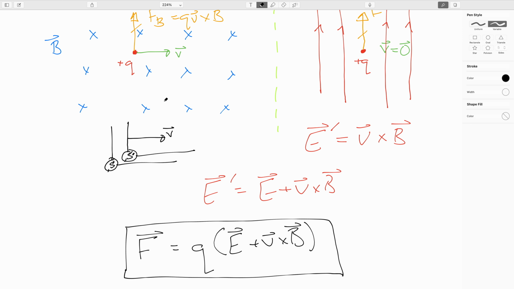Our observer S here said, hey, this is a magnetic field. Our observer S prime said, oh, no, it's totally an electric field. Who's right? They both are. But just like we've had before with these kinds of transformations, it'll be possible for both observers to compare notes and predict what the other observer sees.